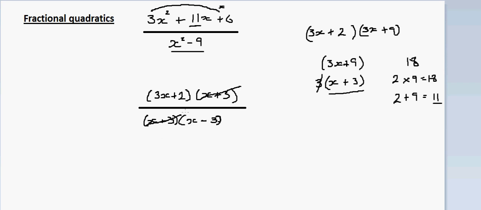So we know that they're going to cancel one another out, which is what we would expect. So I'm left with 3x plus 2 here above the line, and x minus 3 as my denominator. So I've now simplified this equation.